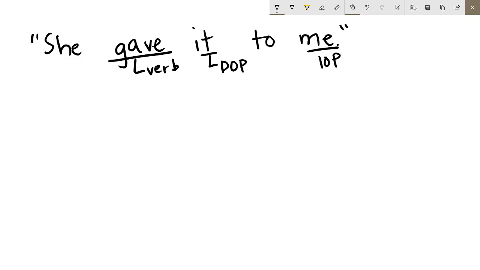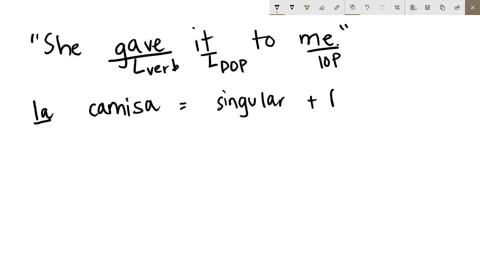So let's say she gave a shirt, la camisa. This word is singular and feminine. Singular, and its grammatical gender is feminine. Now, that doesn't mean it's actually feminine.